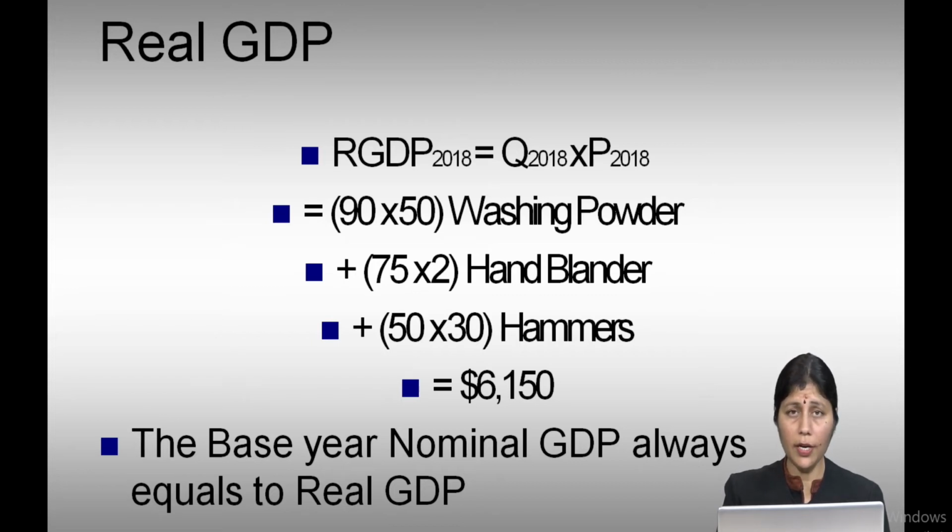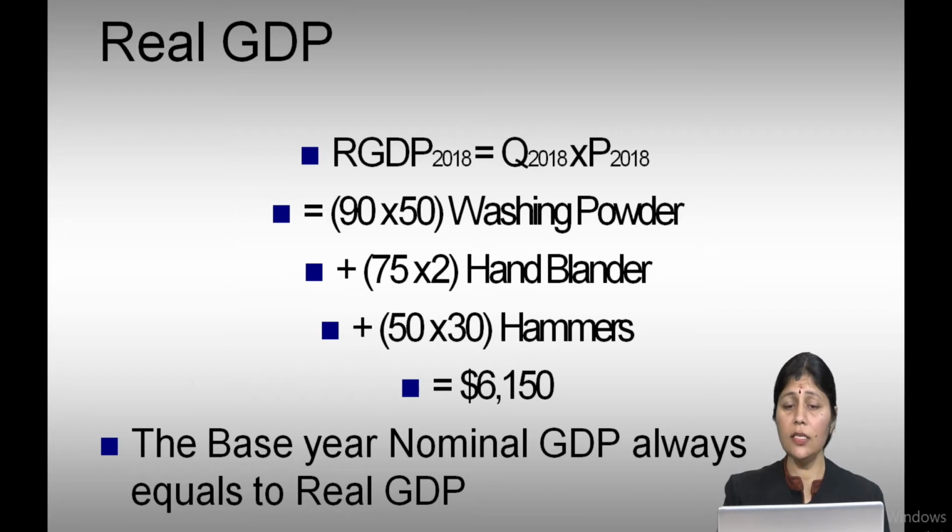The quantity in 2018 for the real GDP is the same as we calculated for the nominal GDP. 90 packs were manufactured, the price of each packet was 50, and for the hand blender 75 units were manufactured with a price of 2 rupees each. Hammers also have a quantity of 50, with a price of 30 per piece.